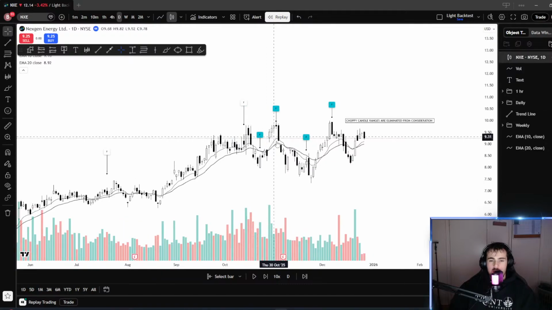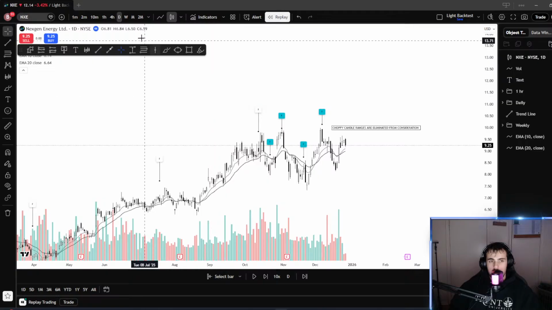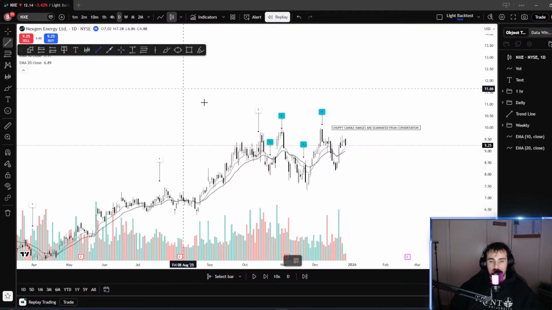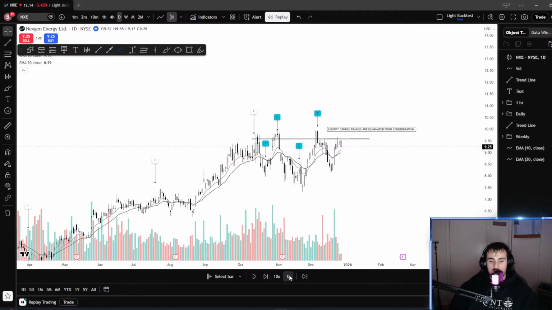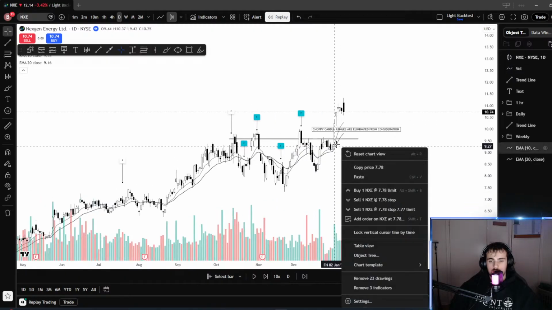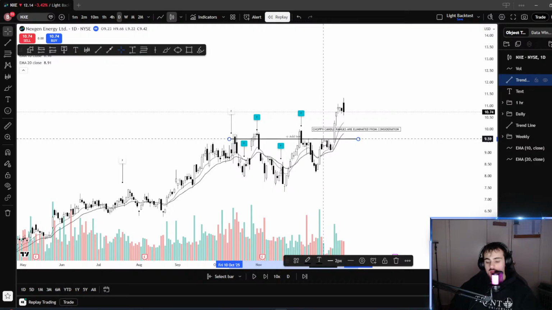Now, this market has already kind of went back and forth a couple times. So I don't even think I would trade this until price got above here. And that it does.